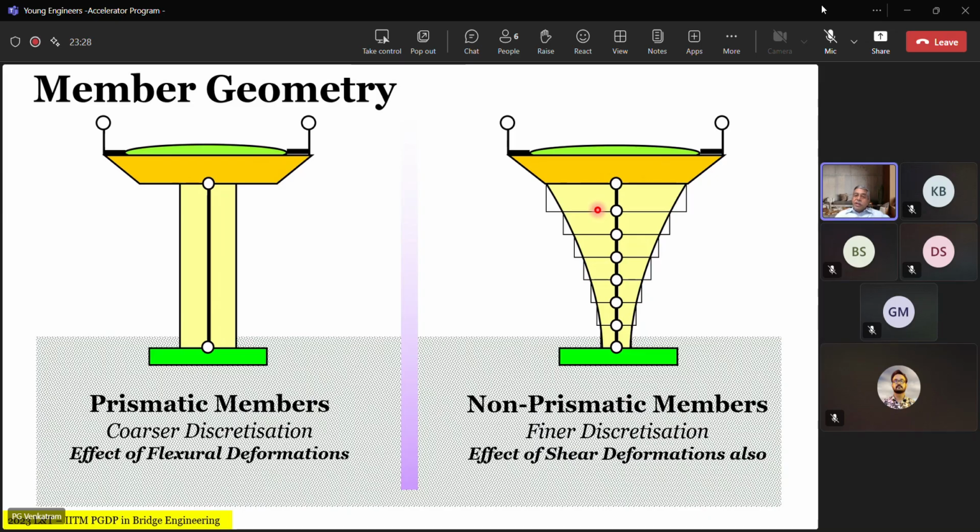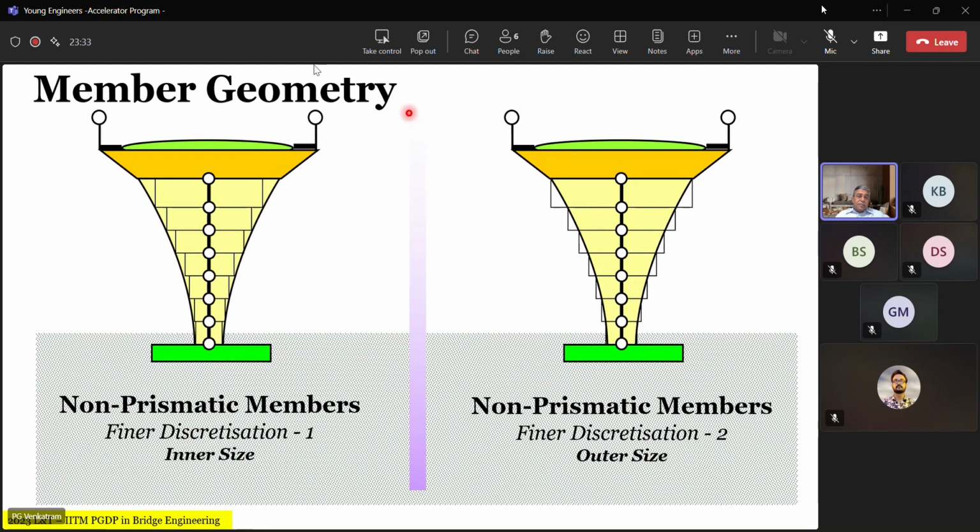Now, when it comes to non-prismatic members, you have a further choice. If I have a pier like that, I can take the inner size for the model, or I can take the outer size as the model. Which of them is correct? Is the average also correct?